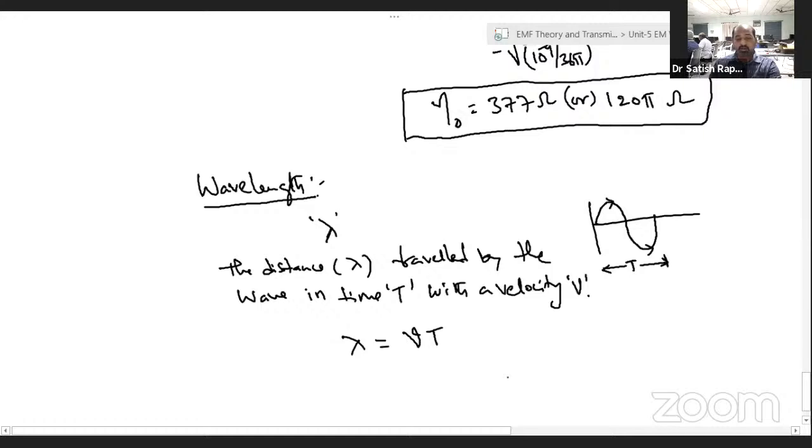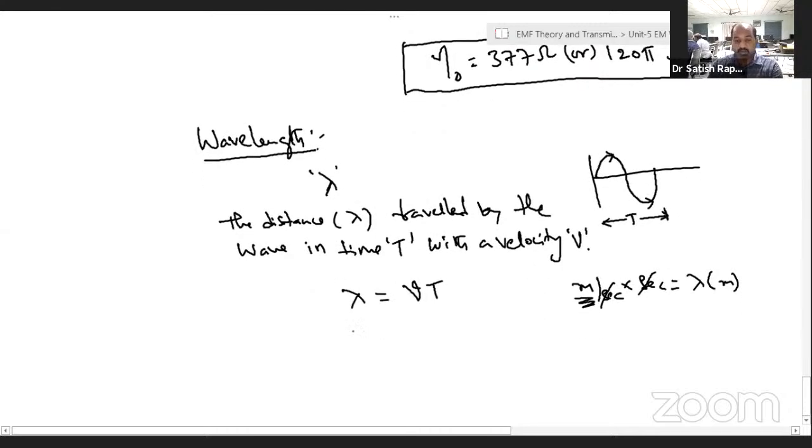So lambda is distance, in meters, which is equal to velocity in meters per second and time in seconds. So second and second cancel, and we get meter. Therefore lambda is equal to vt, and lambda is equal to v by f, or c by f.